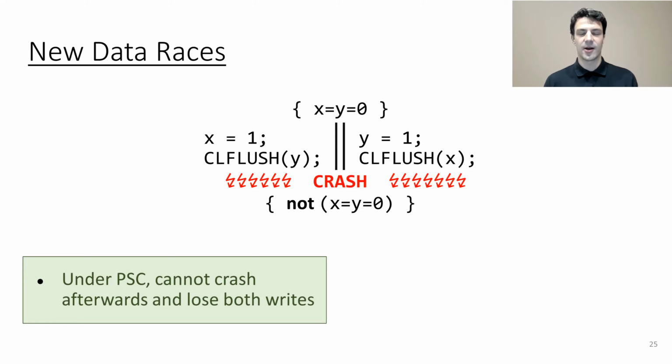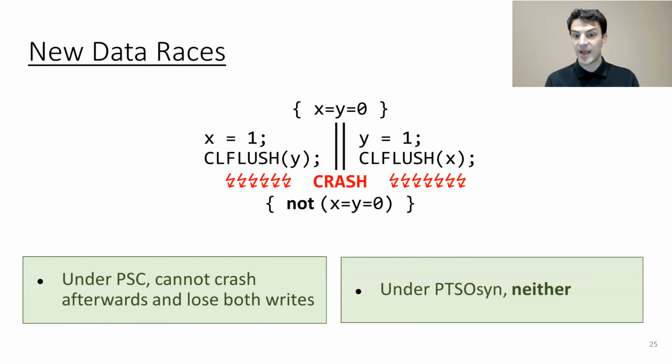If we consider all possible interleavings of these four instructions, it just won't be possible for both of the writes to get lost. And actually, under PTSOSYN, that's also the case. So it's not possible to lose both writes. But that's only with the CO flush.